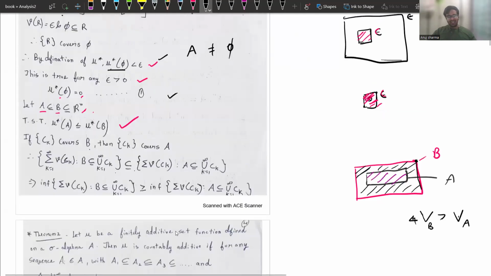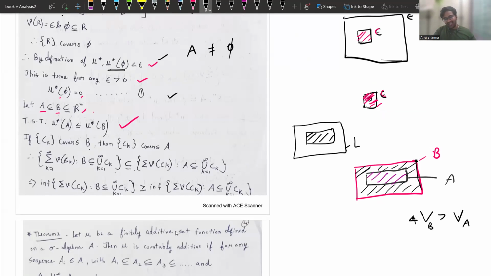There is a large book like this, and there is a small book like this. So the space occupied by the large book is greater than the small book, as you can see. The small book is kept on this large book.